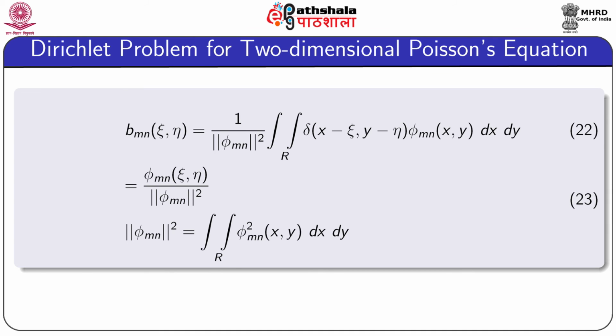So, the value of Bmn becomes phi mn of xi, eta divided by the norm of phi mn square, where norm of phi mn square is equal to the double integration of phi mn square over the region capital R.